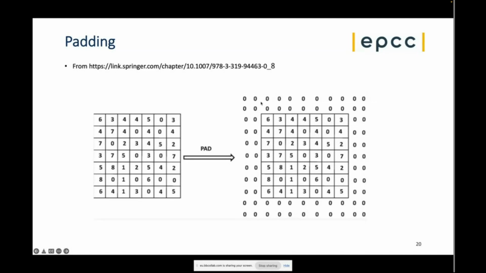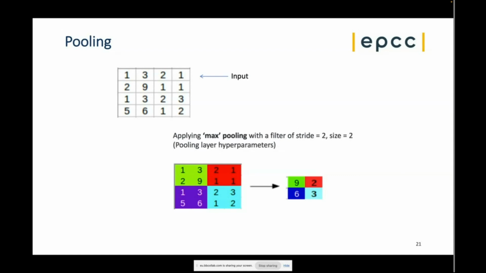So there's a fairly basic solution to this, which is to pad your input values, often with zeros, before you do the convolution. And by doing that, you end up with an output that is the same size as the input. So that's a fairly common thing that is done as well. So rather than the output getting smaller as you go through the neural network, the padding means that it stays the same size.